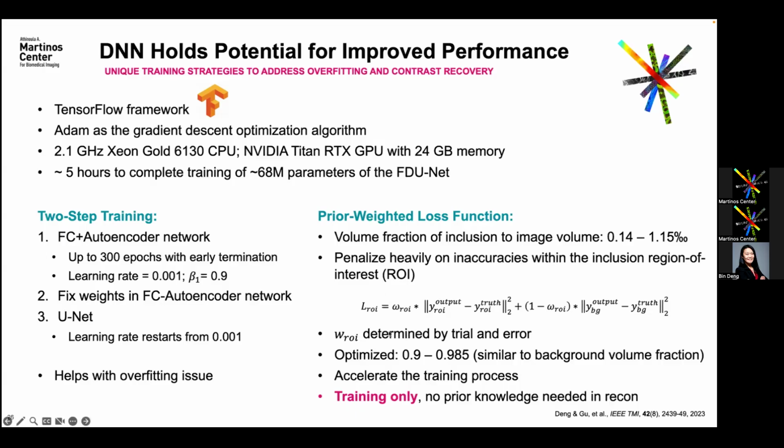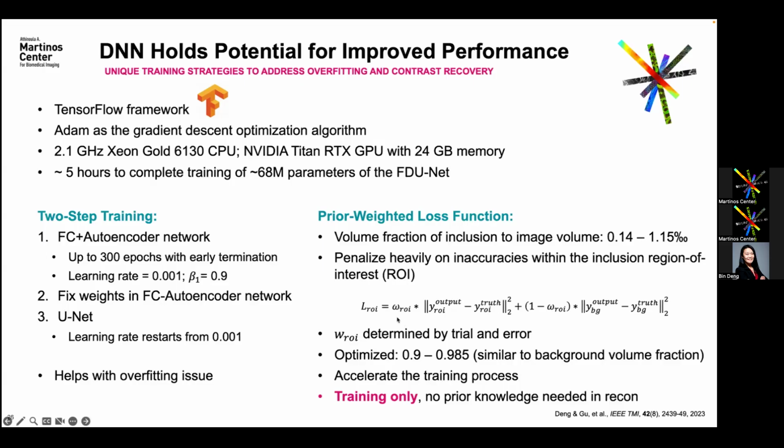So we want to ensure the small inclusion is as accurate as possible compared to the vast majority of the background. So this helps us not only get the global accuracy, but also highlight these small areas, although small, they're important. So we trial and error the volume fraction factor and the weight factor.